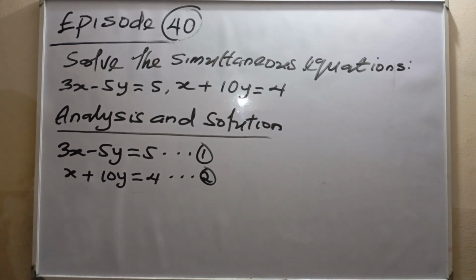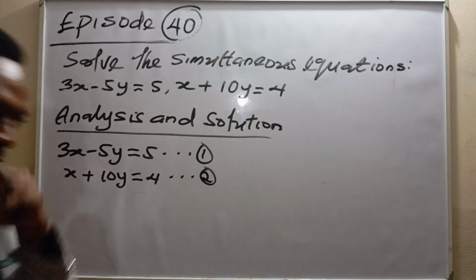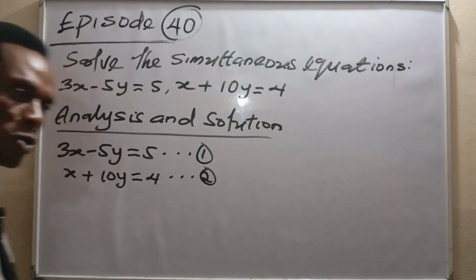If they are uniform, at least the coefficient of one of the variables is supposed to be the same. Here, for instance, if 3x is here and 3x is here, it becomes uniform. But now it is not uniform. And when a question is not uniform, you don't use elimination.